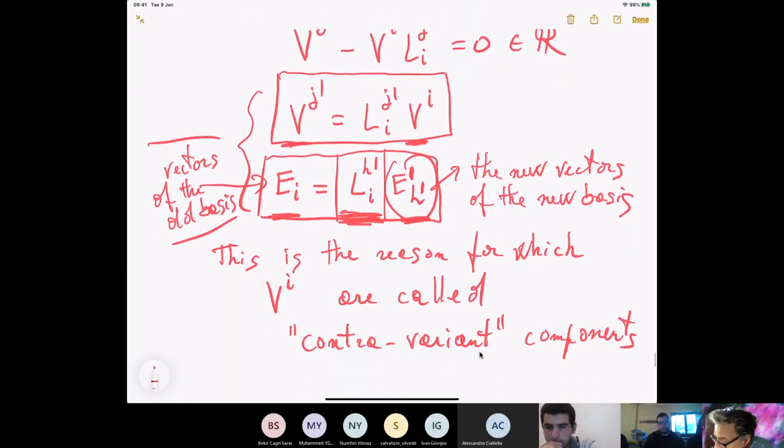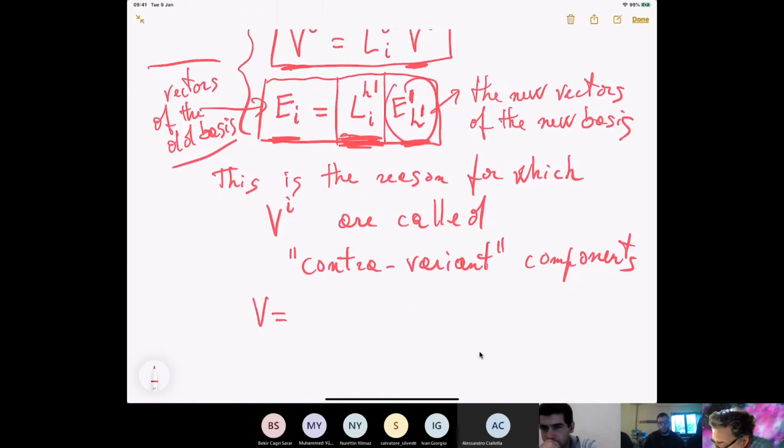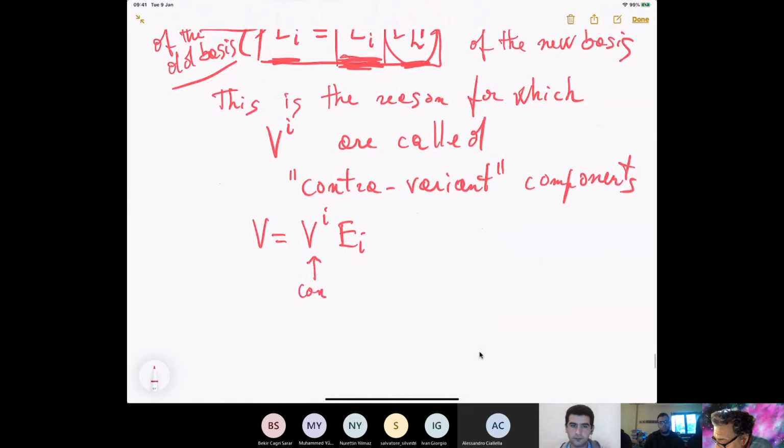And for this reason, the components of a vector in the basis are called contravariant. These are the contravariant components.